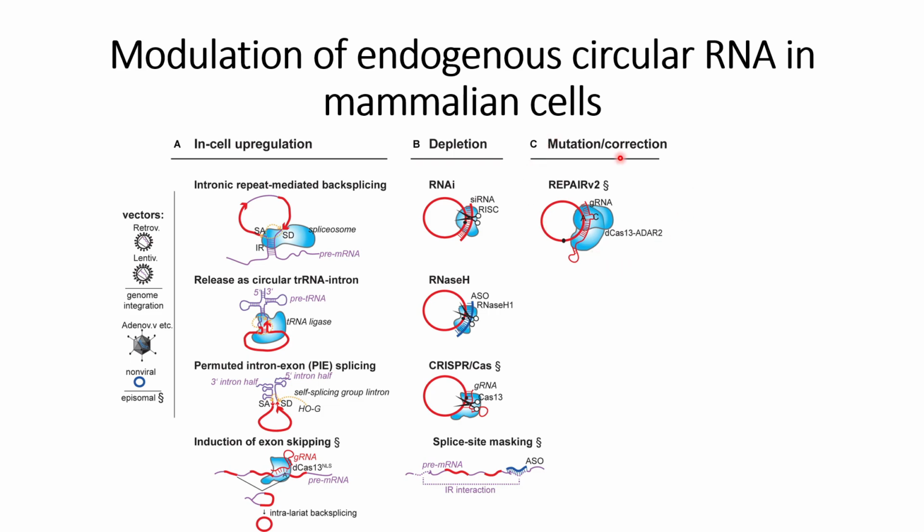The last one is mutation or correction of circular RNA. If someone needs to mutate a nucleotide on the circular RNA, they can use the dCas13 ADAR2 system. It helps in the deamination of the A nucleotide, replacing it with another.